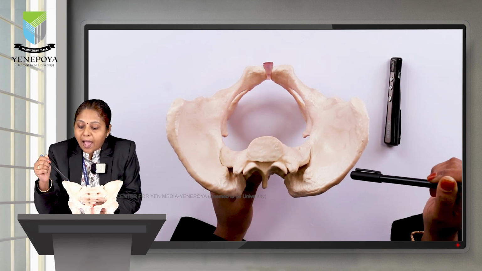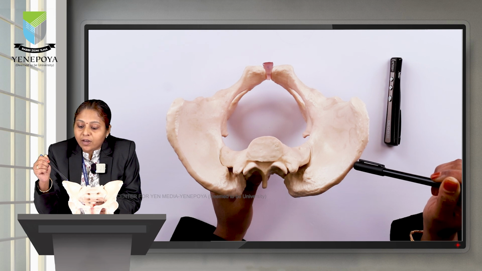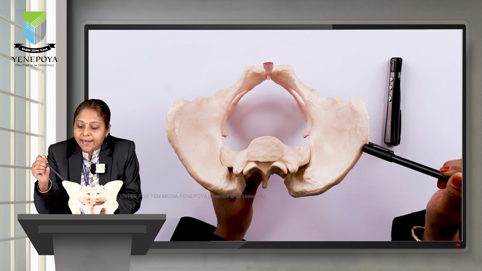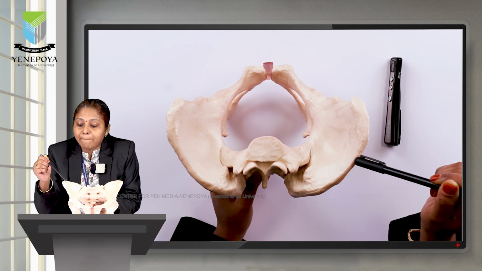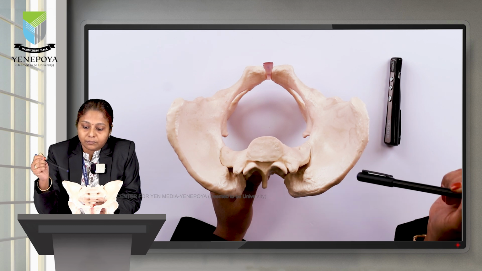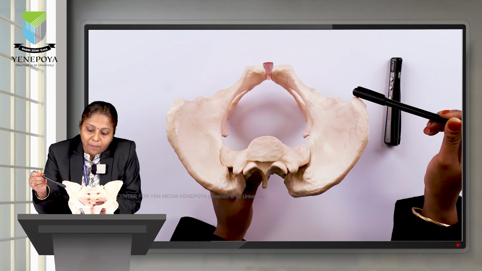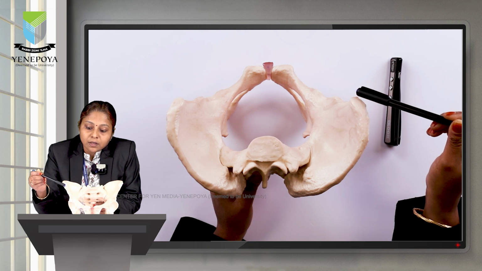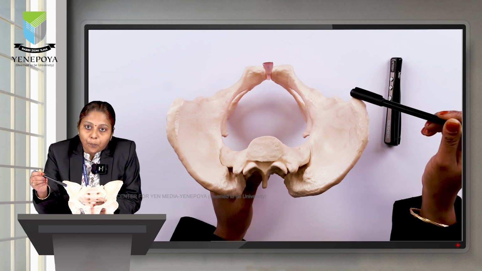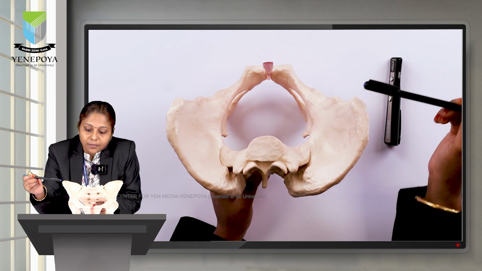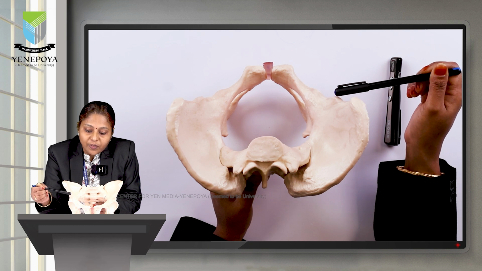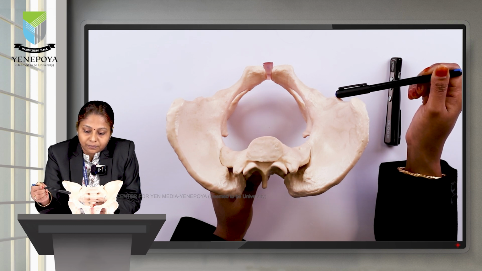When we keep our hands on the hip, our hand will rest on the iliac crest, which is the upper border of the ilium. At the front of the iliac crest, we can see a bony prominence called the anterior superior iliac spine. A short distance below, we can see the anterior inferior iliac spine.